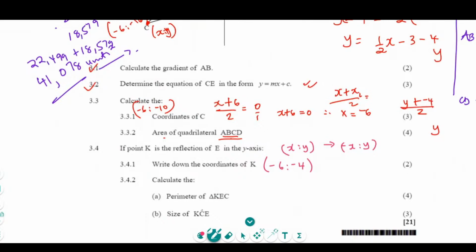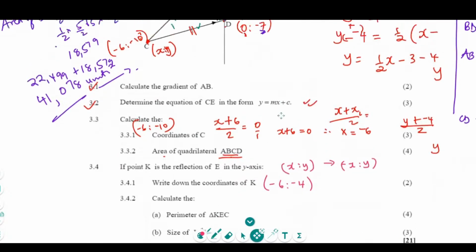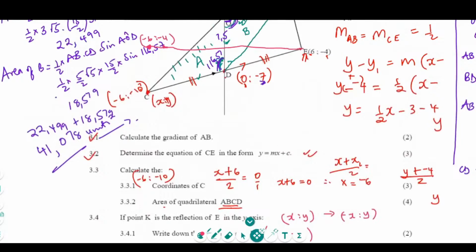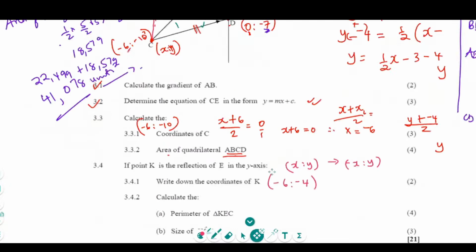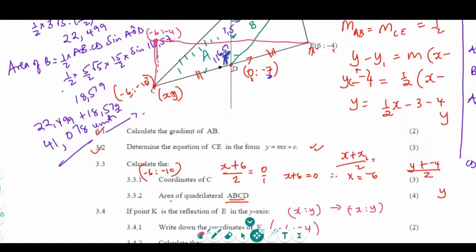So this triangle of ours, if we connect that to this, because it's in the same x line, -6 and -6. We want the perimeter of KEC. So if this is my K, this whole triangle, we need the perimeter of that.